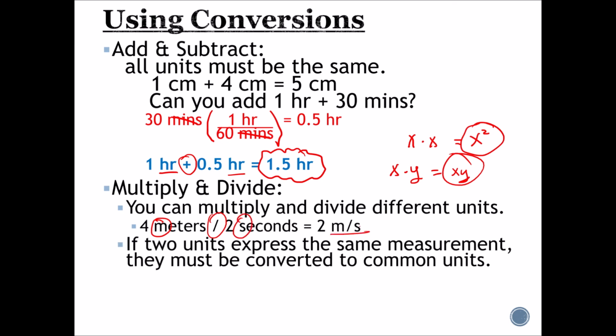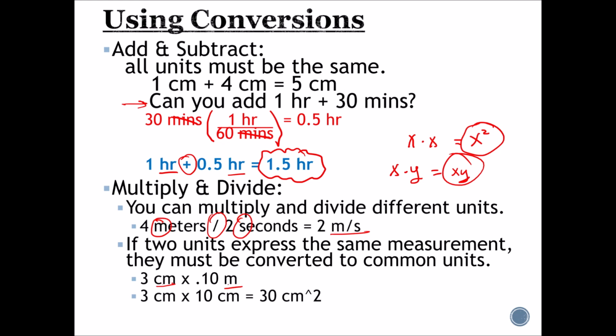If 2 units express the same measurement, they must be converted to common units. So these are the same units here, time, convert them to common units. Now, here we have 2 different units, but they both express the same measurement of length, centimeters and meters. You cannot multiply 3 times 0.1 because 3 centimeters times 0.1 meters is incorrect. Convert one of them.